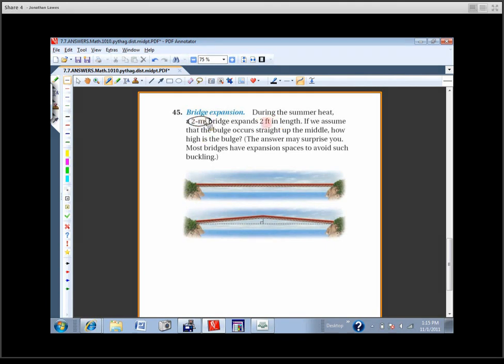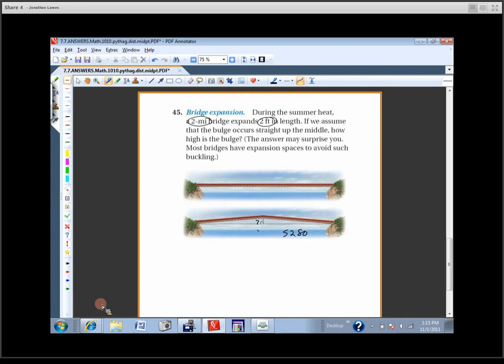Everybody good with that? Okay, what's the problem if we see miles here and feet here? They're not the same unit, right? So how many feet are there in a mile? Very good, 5280. So halfway across is going to be 5280. And this is going to bulge up. Well, it's going to make it 2 feet longer. What we want to know is, how much higher does it make it?